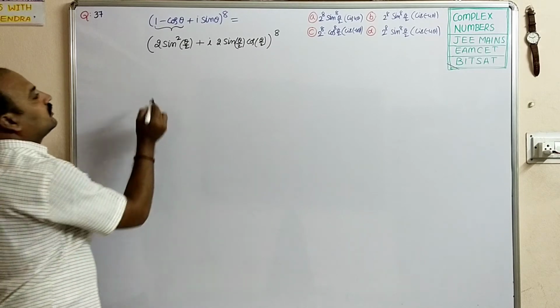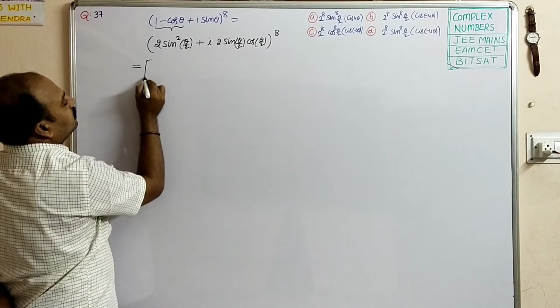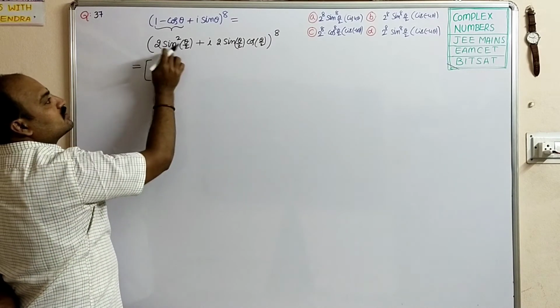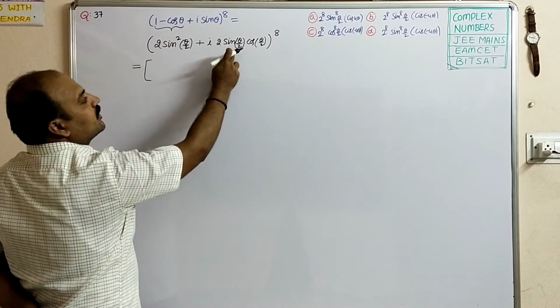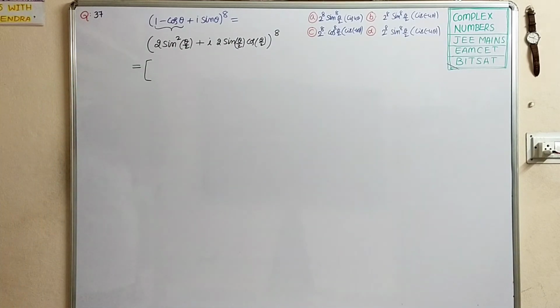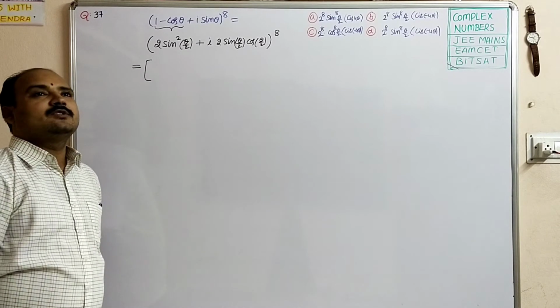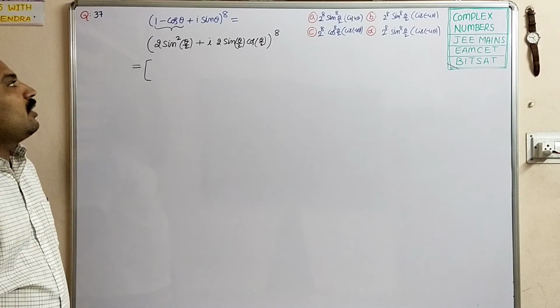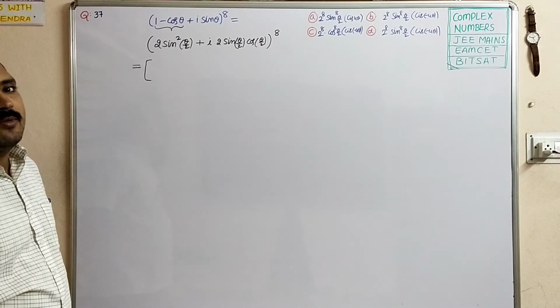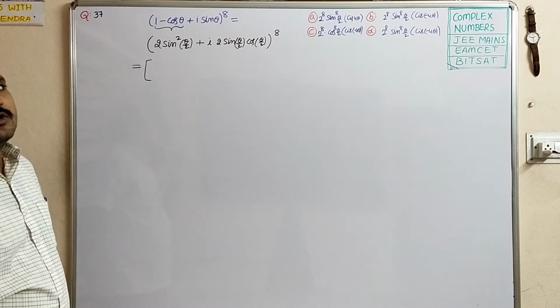Now if you take common 2 sin theta by 2 in both the terms, it is in the form of sin theta by 2 plus i cos theta by 2.